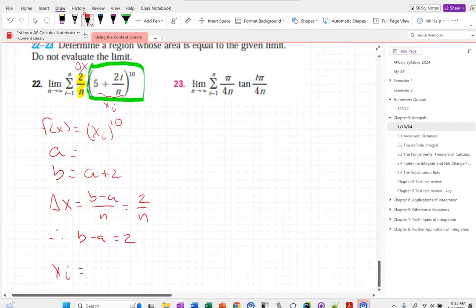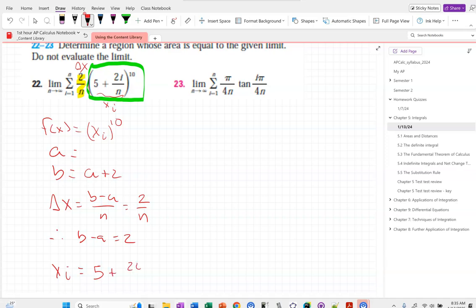And my xi then is going to be this 5 plus 2i over n, right?